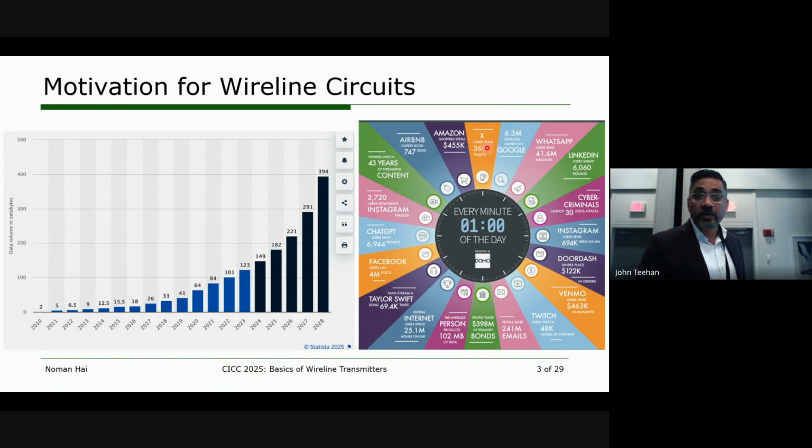You can see Twitter, 360K tweets, WhatsApp messages, LinkedIn, DoorDash, 241 million emails, Facebook, ChatGPT, Instagram. You're already aware of most of these social media accounts. So this is how we are generating the data, and now it makes a little more sense.